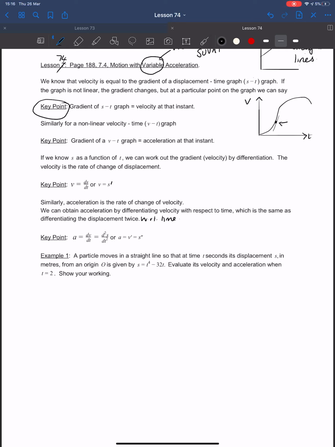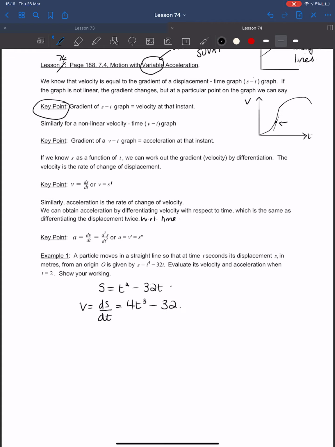Example 1. A particle moves in a straight line so that at time t seconds, its displacement s in meters from an origin is given by s equals t to the power 4 minus 32t. So the velocity is ds by dt, the rate of change of displacement with time, 4t cubed minus 32.